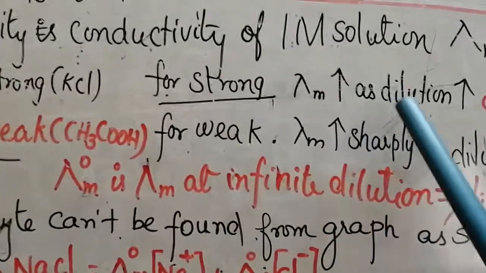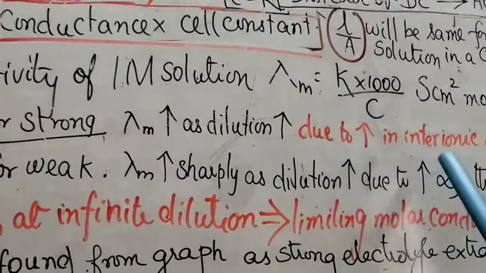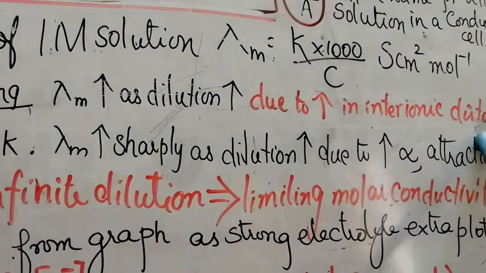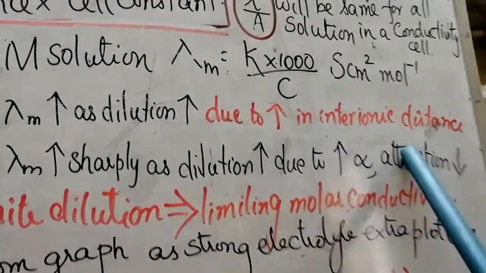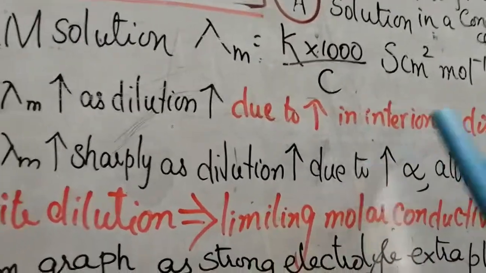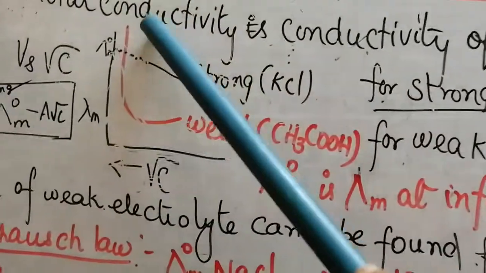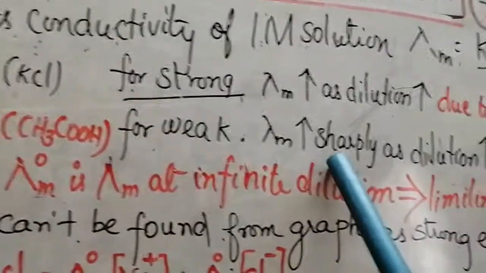In strong electrolyte, there is a slight increase. Why? Because as dilution increases, the interionic distance, that is the distance between K plus and Cl minus, increases. But in weak electrolyte, there is a sharp increase. Why this sharp increase?